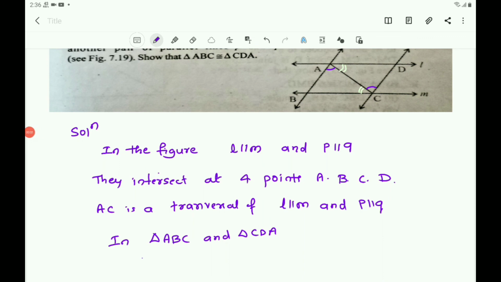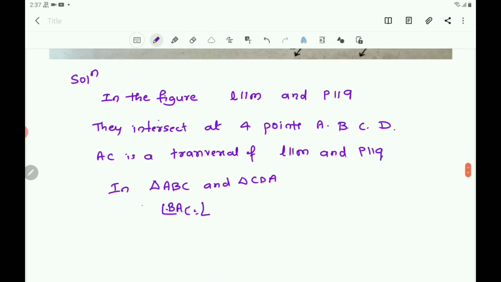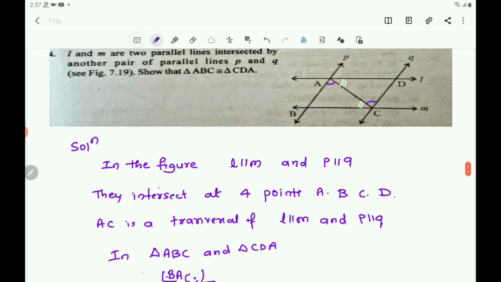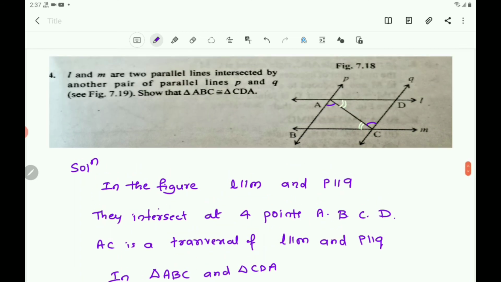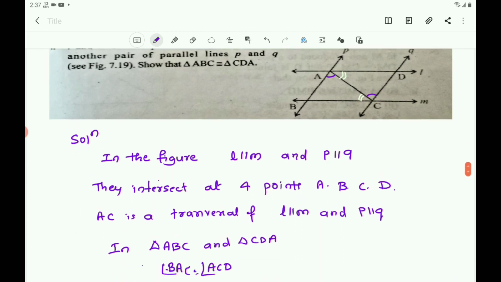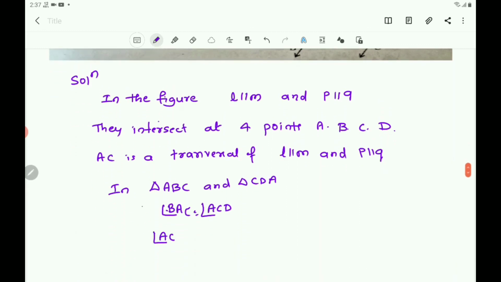In triangle ABC and triangle ACD, first you write angle BAC equals angle ACD, and also angle ACB is equal to angle CAD. The reason is they are alternate angles.